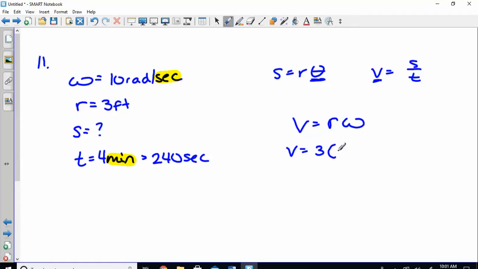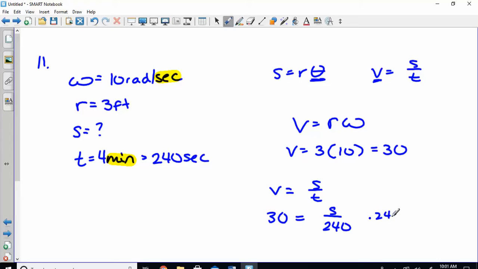Our R is 3, our omega was 10, so our V is 30. Then we can do V equals S over T. V is 30 equals S, which we don't know, over the time, for which we have to use the 240 seconds. So multiply over the 240. We get 7,200 feet.